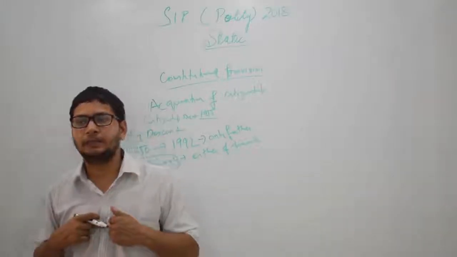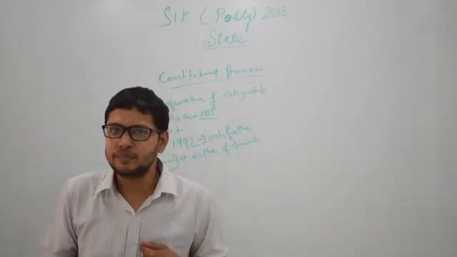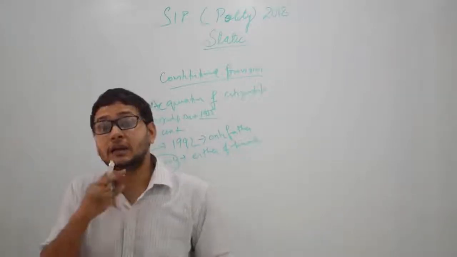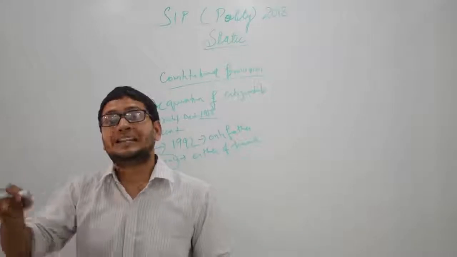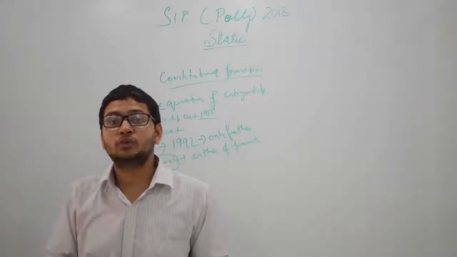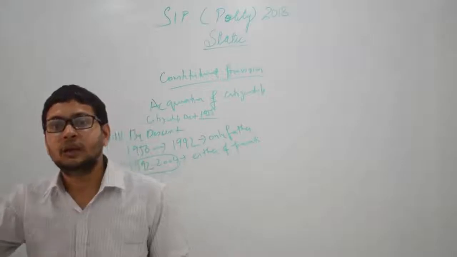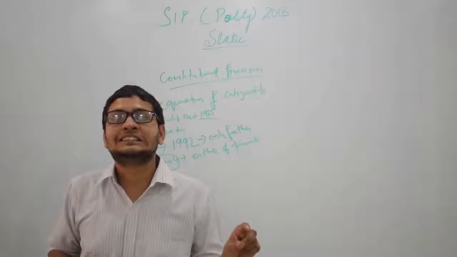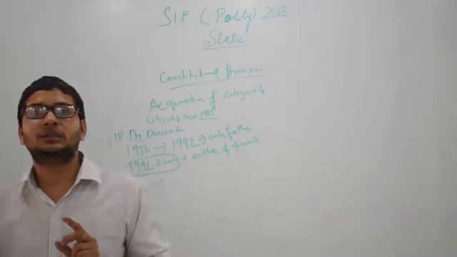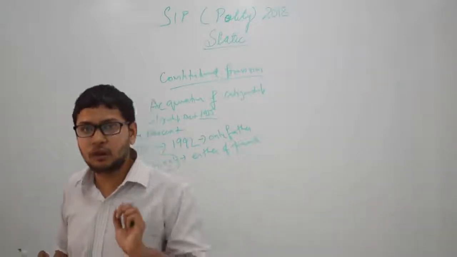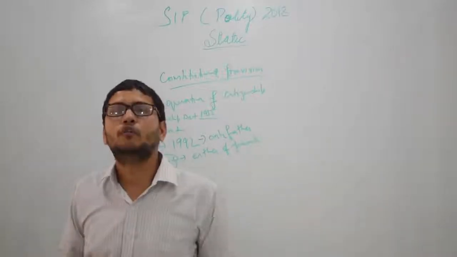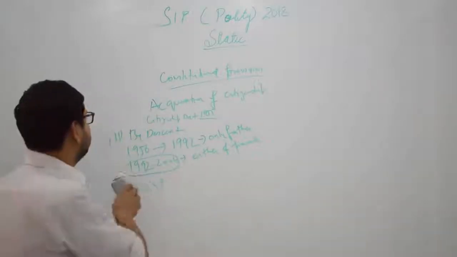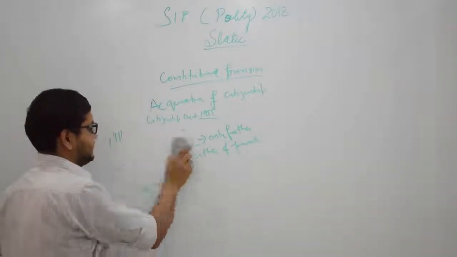So if my kid is born on 2nd April 2018, then before 2nd April 2019, I will have to register him in the Indian consulate. Only then he will acquire Indian citizenship. If I don't go to the Indian consulate, my kid would not get the facility of becoming an Indian citizen. Right? Third is by registration.